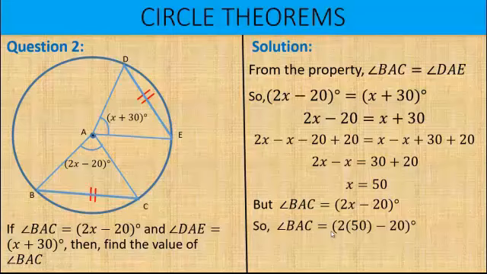So angle BAC is equal to 2 times 50 minus 20. And that would give us 80 degrees when we simplify. Therefore, we can say that angle BAC is equal to 80 degrees. So question 2 is also solved.